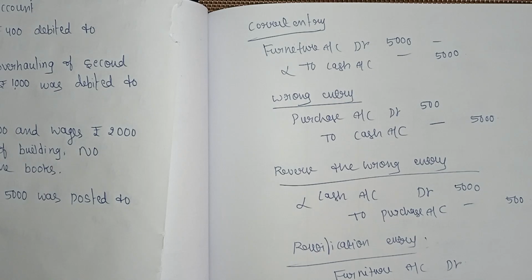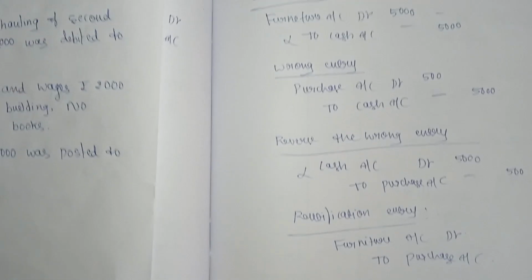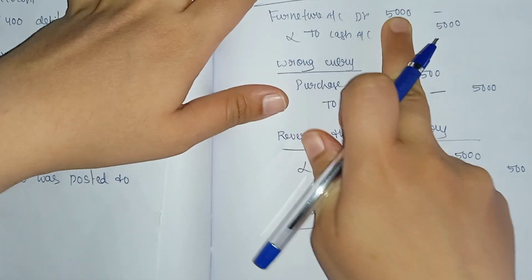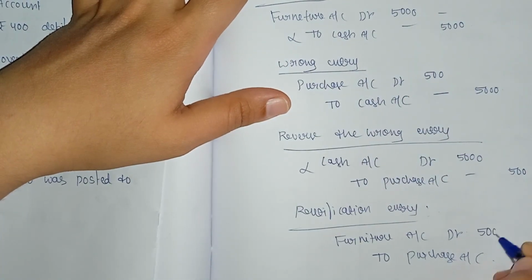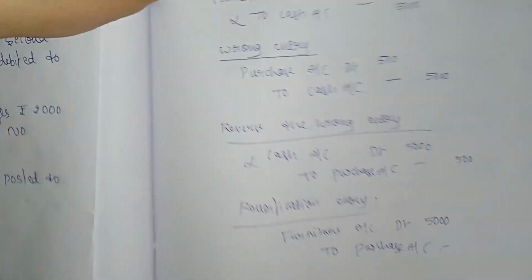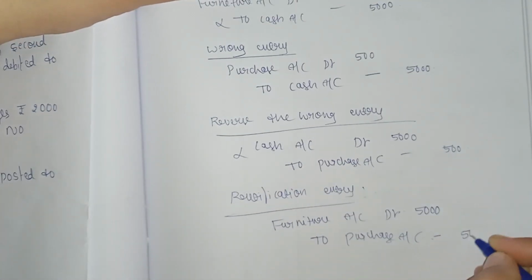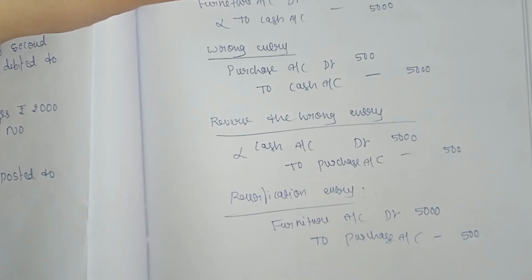So what do we have to do now? Enter the amount. Furniture account, rupees 5000, right? Write down 5000. And purchase account, that is rupees 500. So here debit does not equal credit.